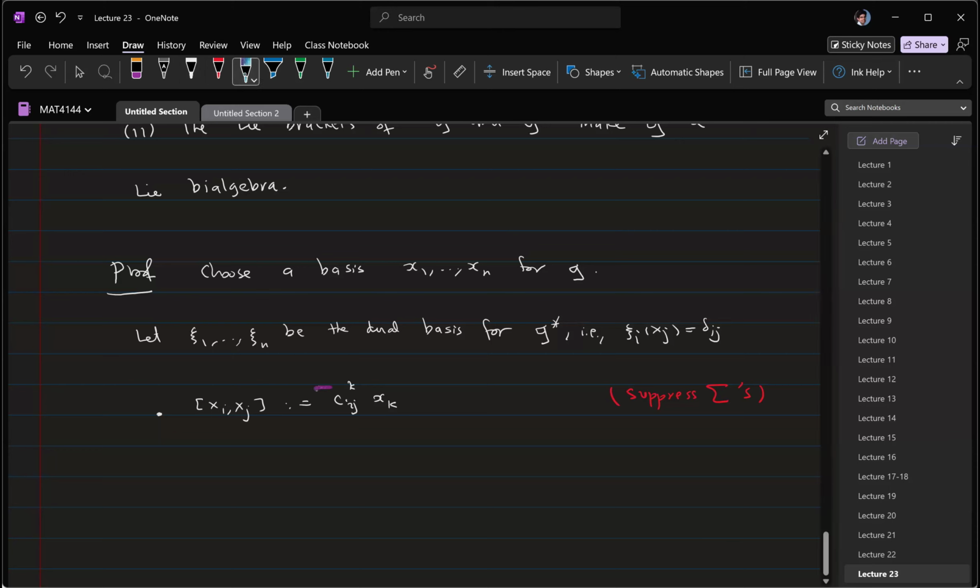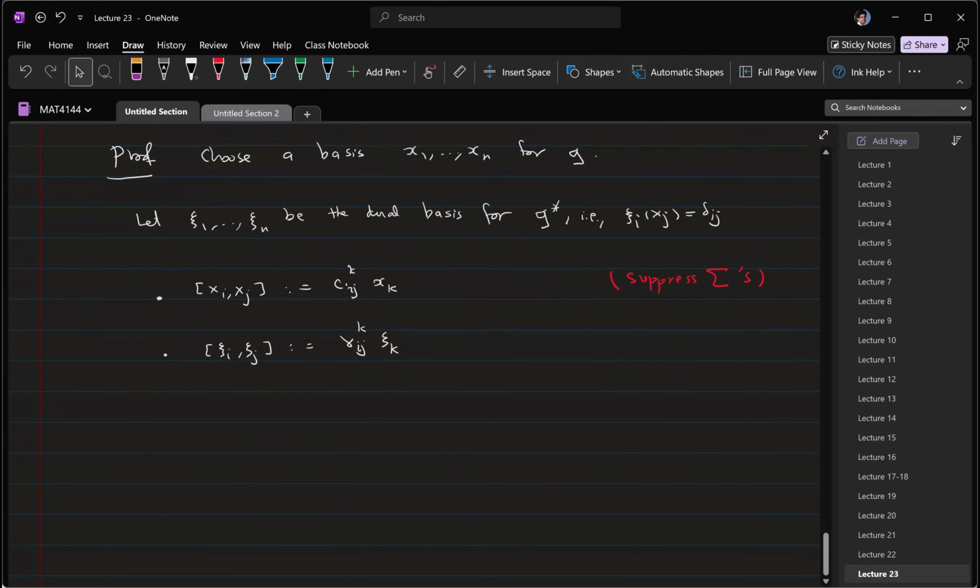I just want to avoid writing this sigma k. You write the Lie bracket of xi and xj as a linear combination of the other x's, because G is a Lie algebra, so we can do this. All right. And same with the x stars. Because G star is a Lie algebra, we have some structural constants. I denote them by gamma ijk. Again, there's a sigma on k. I'm just avoiding that. Simplify my life a bit.